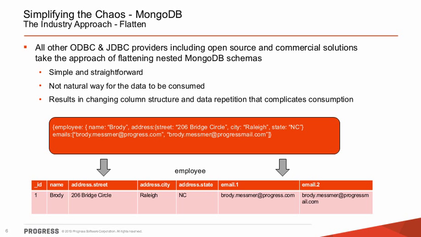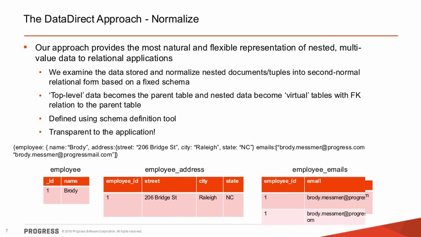For those of you who have applications that want to consume it, you know it's not natural for your applications to do that. If you can see the example below, you see the JSON document and how it's essentially flattened into one row, and you have multiple instances of email addresses. We knew that this wasn't the best approach, and we worked hard to research and find a solution for it.